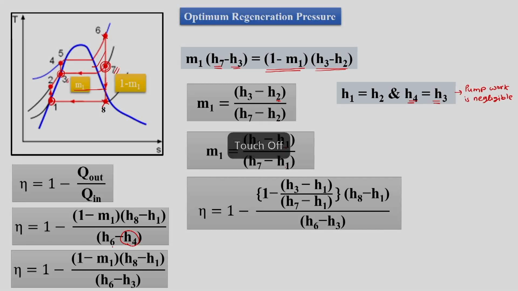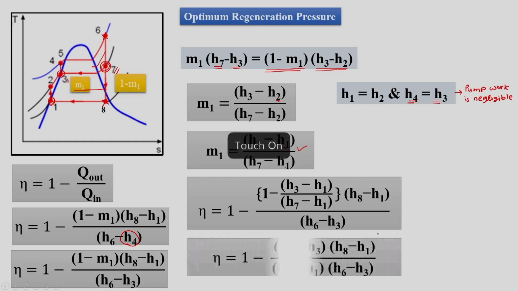Putting in M1, we get a new formula: 1 minus H3 minus H1 divided by H7 minus H1, into H8 minus H1 divided by H6 minus H3. After rearrangement this leads to H7 minus H3 into H8 minus H1 divided by H7 minus H1 into H6 minus H3. So this is the formula for efficiency.